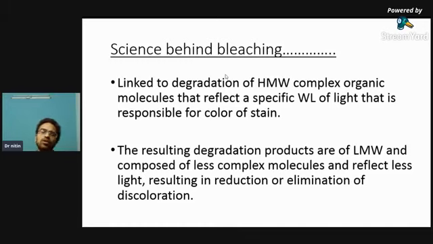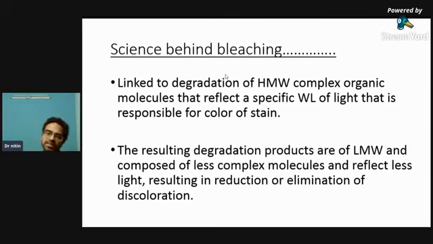Basically, these high molecular weight complexes are within the tooth enamel and dentine, which are seen as visible or reflected light as a pigmented lesion. तो बेसिकली जो ब्लीचिंग एजेंट है वो एक्ट करते हैं और डिग्रेड करते हैं ये हाई मॉलिक्यूलर वेट ऑर्गेनिक मॉलिक्यूल्स जो टूथ में प्रेजेंट है एक्सट्रिंसिकली और इंट्रिंसिकली, and due to which the reflection of light results in a color which appears to be a stained, basically a discolored tooth.